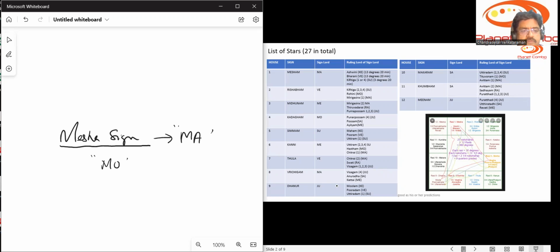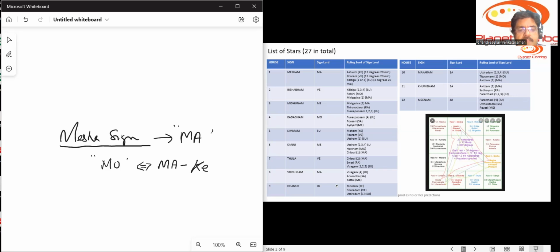So the sign lord of the Mesha sign is Mars, so the Moon is in a Mars sign. Now let's say it is on the 5th degree within Mesha, which means it is in the Ashwini star. Every star has a lord. We know that the Ashwini star lord is Ketu.